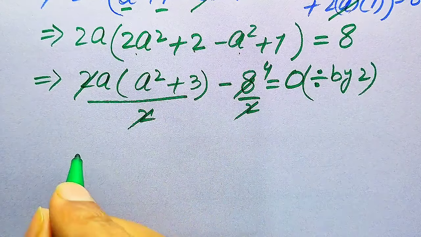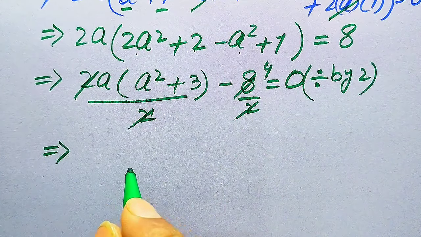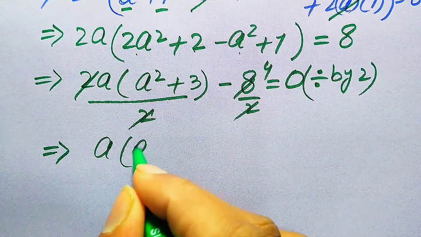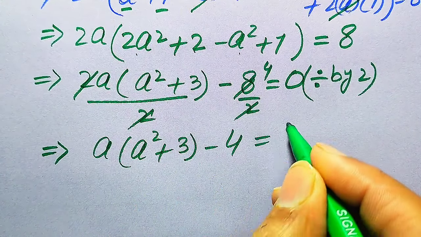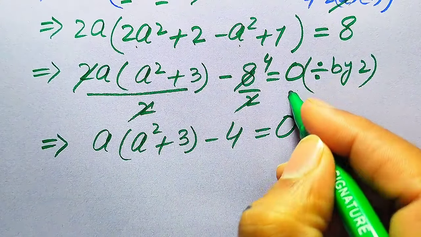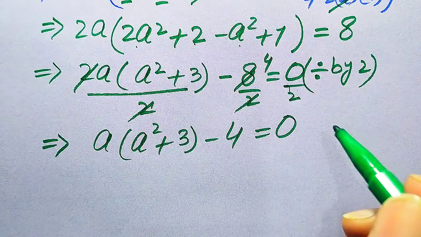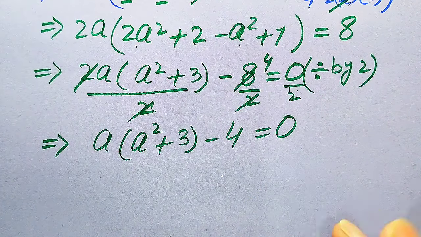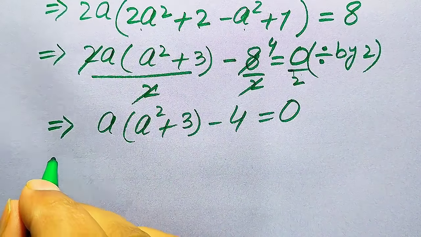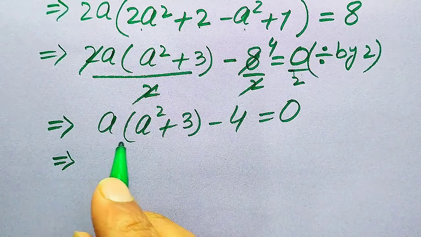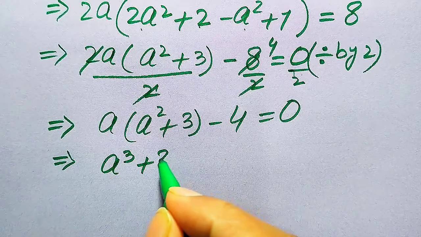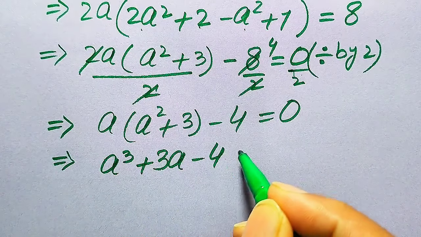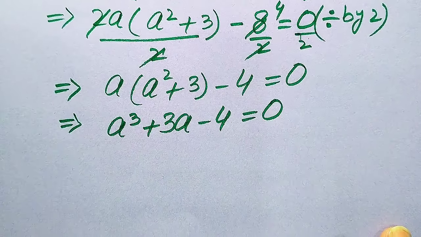This is 2 times 4 becomes 8, and we get a(a² + 3) − 4 = 0. We also divide the right hand side, because 0 divided by 2 becomes 0. And now in the next step we multiply this a separately on both of these two values, and it becomes a³ + 3a − 4 = 0.